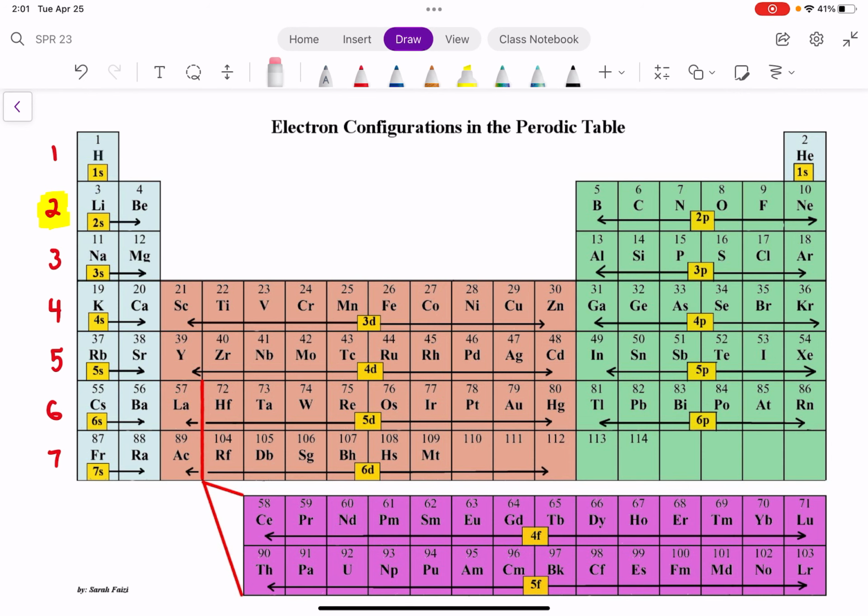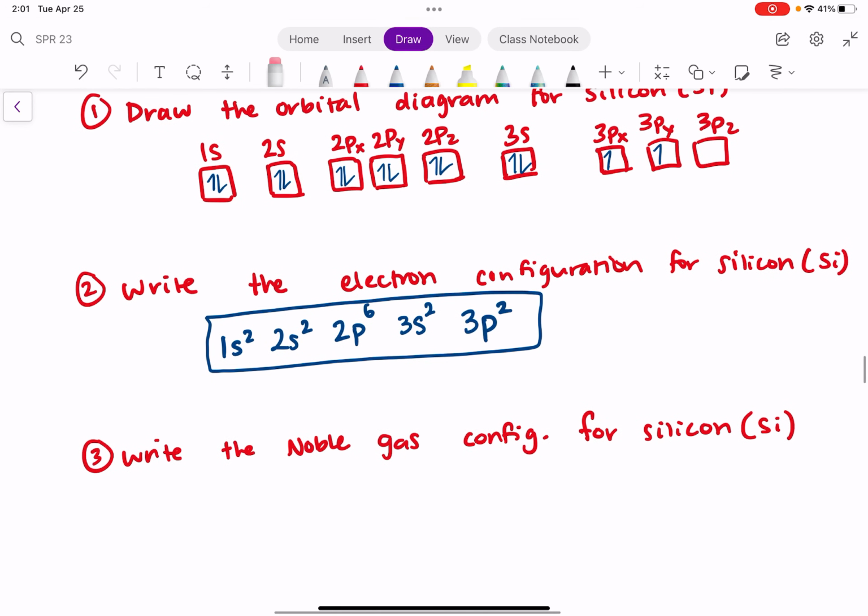So we could say 1s2, 2s2, and 2p6. That's all neon. So let's go ahead and write that. We're going to write it down here as Ne with those brackets around it.